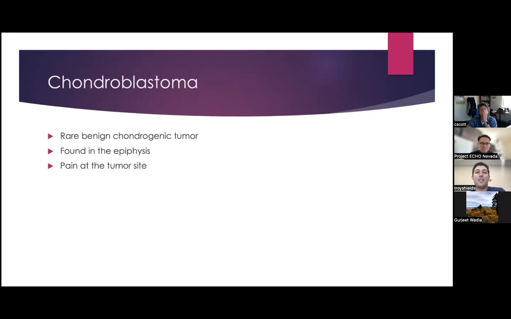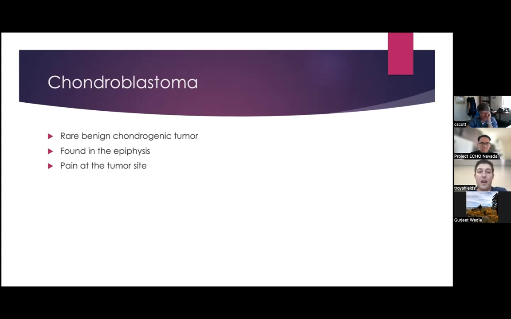So chondroblastoma. I know these are common bone tumors, and this one's talked about as being pretty rare overall. However, it is another one that, from our tumor clinic, was often referred over: knee injury, pediatrician or family doc got an x-ray, and there's this lytic lesion before it ever actually became painful.